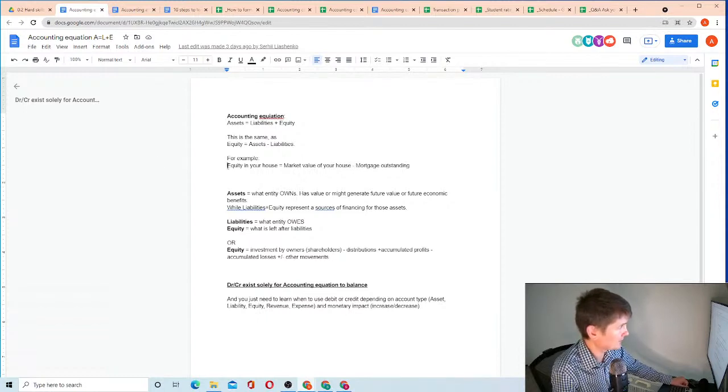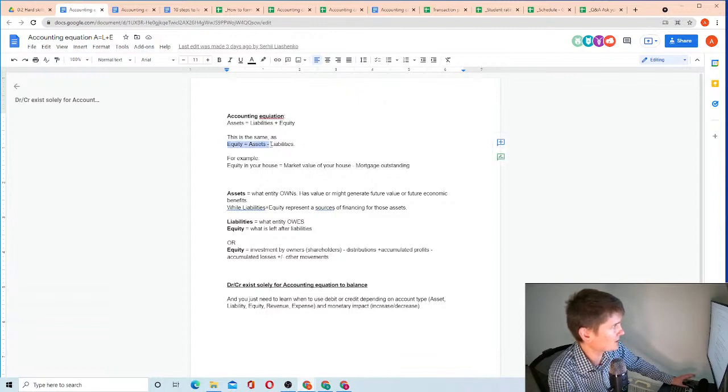And when they send you such advertising, what they mean is your current market value of your house. It can be real market value, or some assessment, or a number from Zillow, depending on what each lender will use. So the market value of your house less your mortgage outstanding is basically your equity in your house.